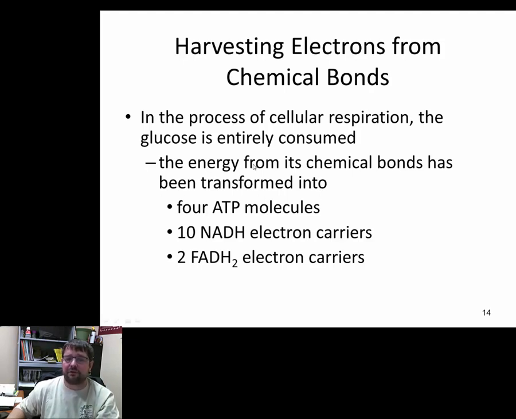So it's not the ATP that's coming from glycolysis, pyruvate processing, Krebs cycle. That's not the important piece. The important pieces are here: the 10 molecules of NADH and the 2 molecules of FADH2. These are the electron carriers. This is what's going to drive the production of ATP.